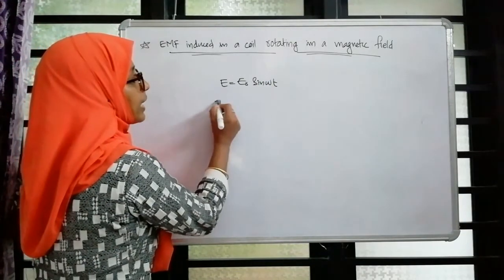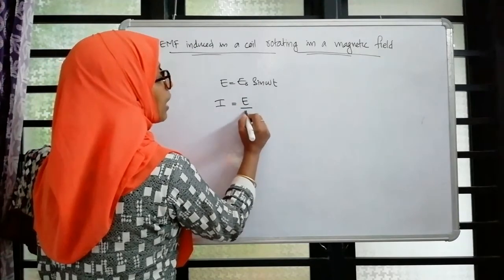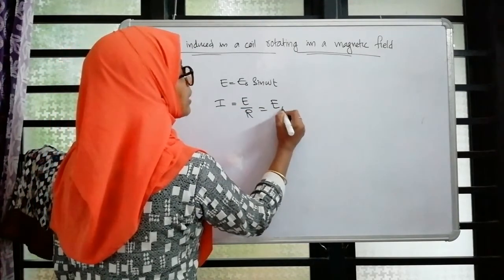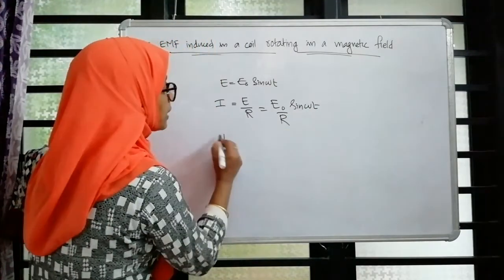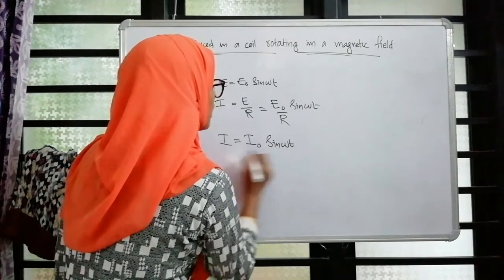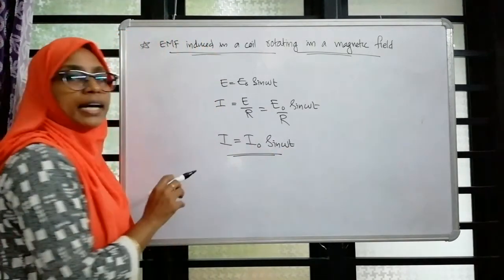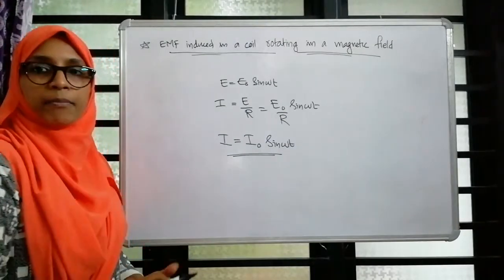Then we can write, according to Ohm's law, I is equal to E by R, which is equal to E0 sin omega t by R, which can be written as I is equal to I0 sin omega t, which is the expression for the alternating current passing through a circuit having alternating EMF.